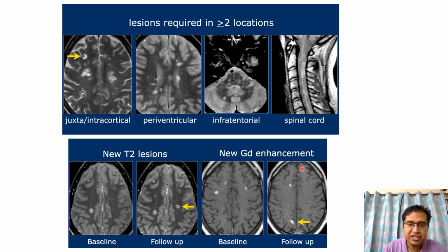And this is the dissemination in time criteria, where we see new T2 hyperintense lesions on follow-up compared to baseline, or new gadolinium enhancing lesions on follow-up compared to baseline, or simultaneous presence of both enhancing as well as non-enhancing lesions.